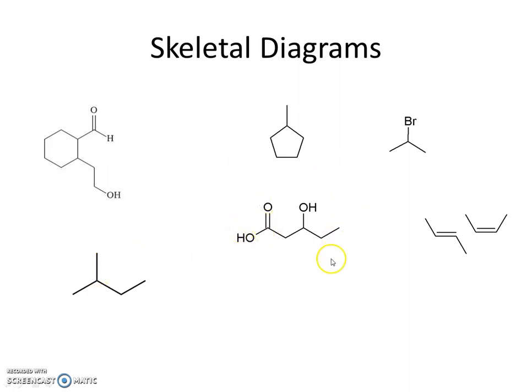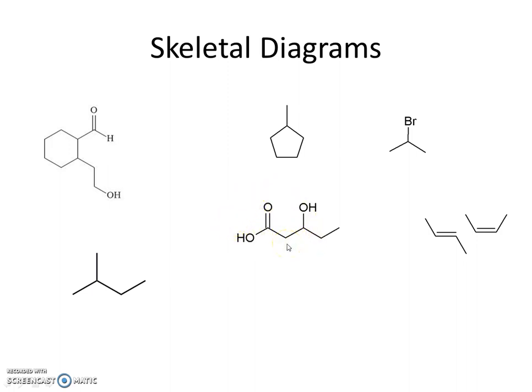This molecule here, 1, 2, 3, 4, 5, it is 3-hydroxypentanoic acid. This carbon here has got a hydrogen attached to it, which isn't shown, an ethyl group, an OH, and this other group with a carboxylic acid on it.